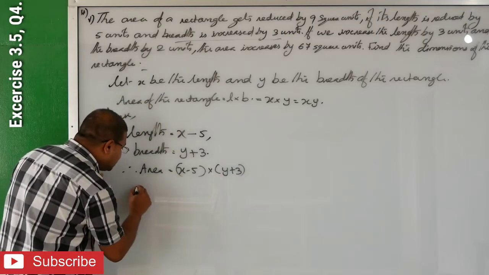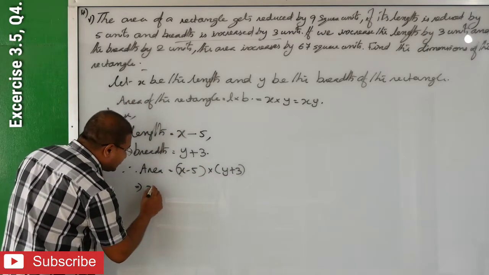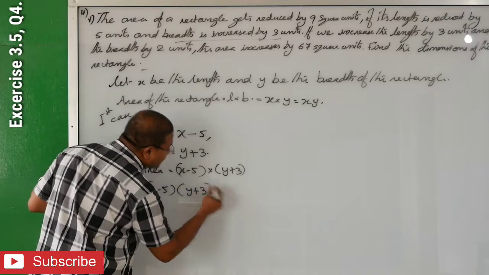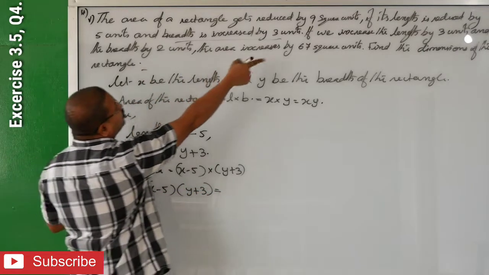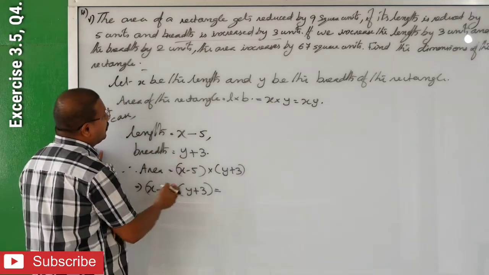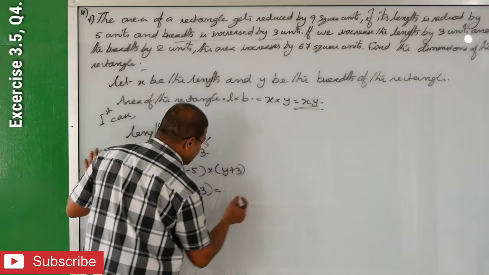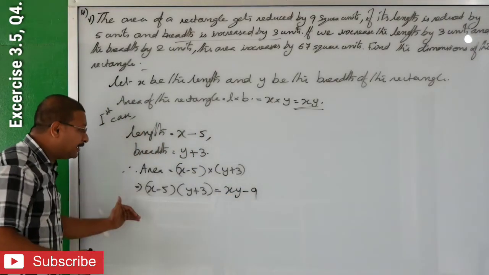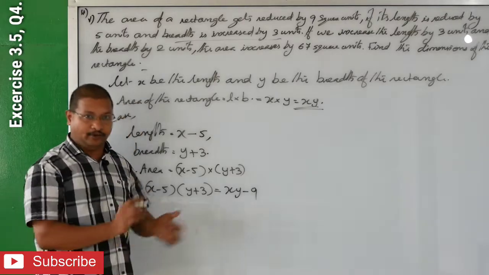But we know that (x minus 5) into (y plus 3) is the area reduced by 9 units from the original area. Original area is xy. That means you will write xy minus 9, because the area is reduced by 9 units.